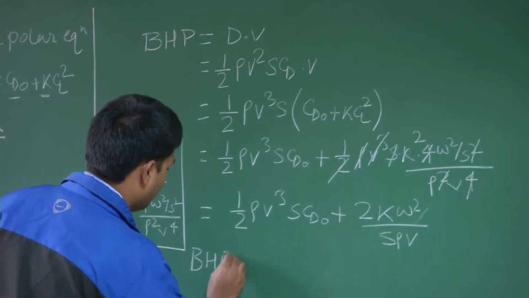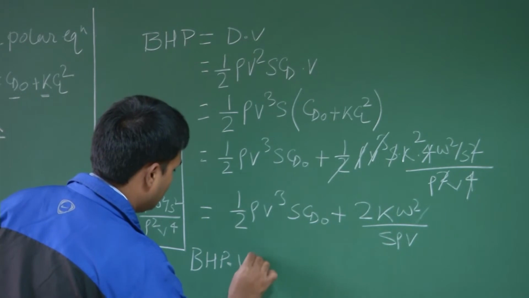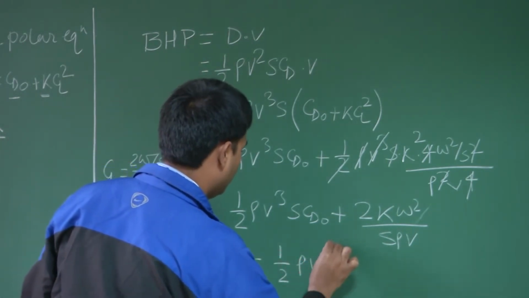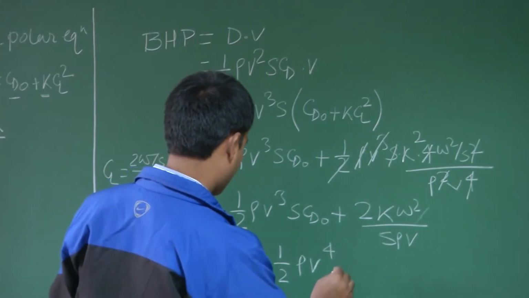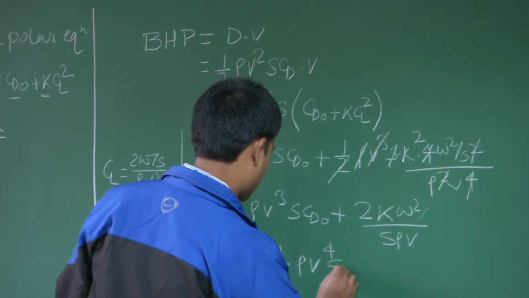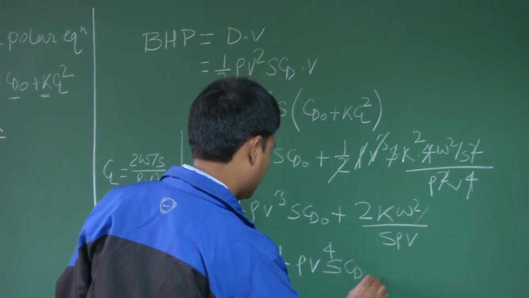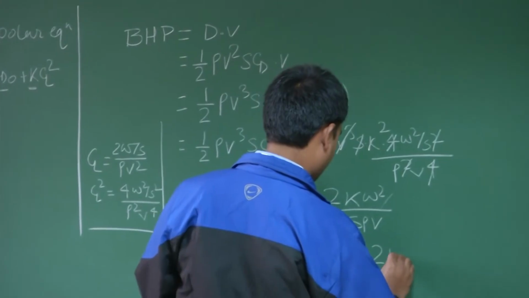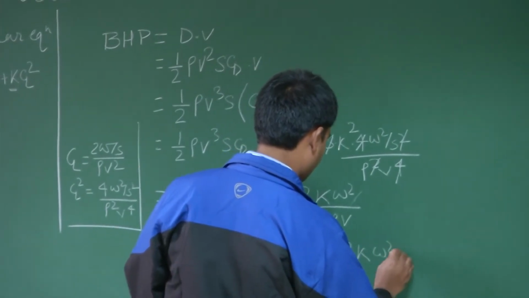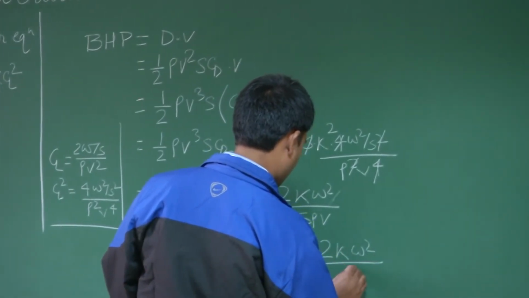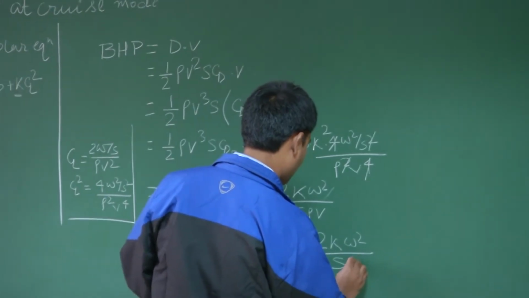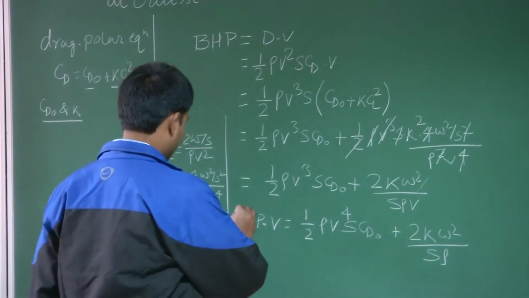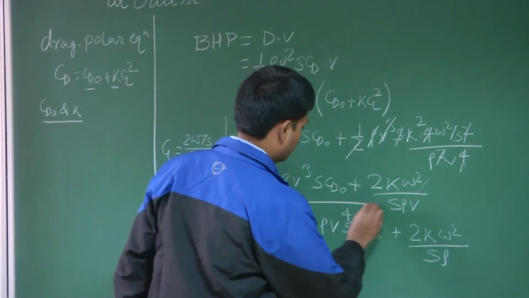BHP into V equals half rho V to the power 4 S CD naught plus twice K W square by S rho. Now your V will get cancelled because we are multiplying this with V. So this is the equation actually.